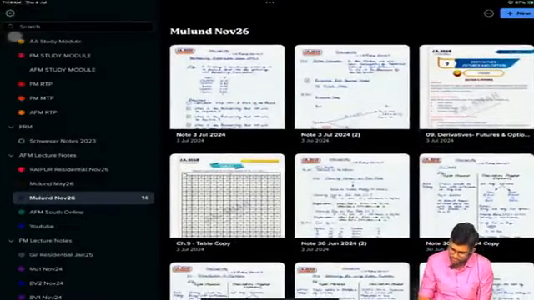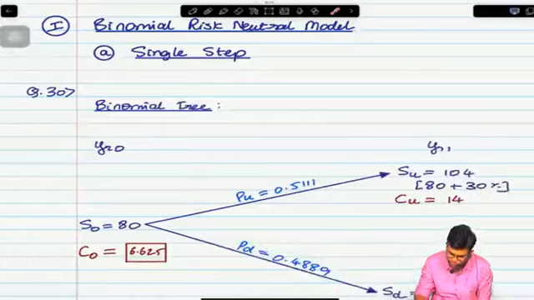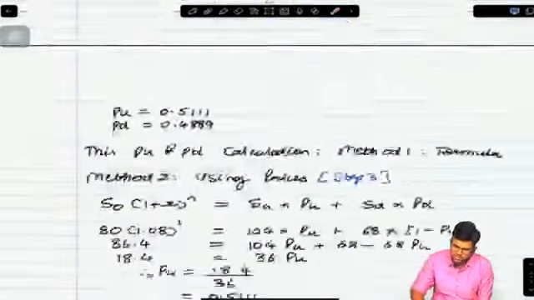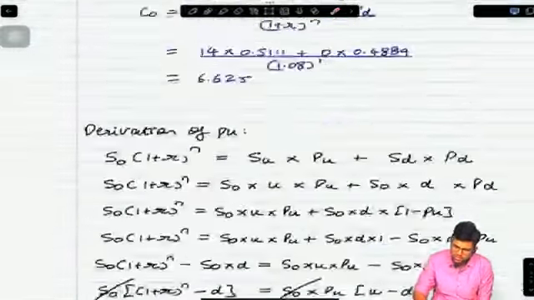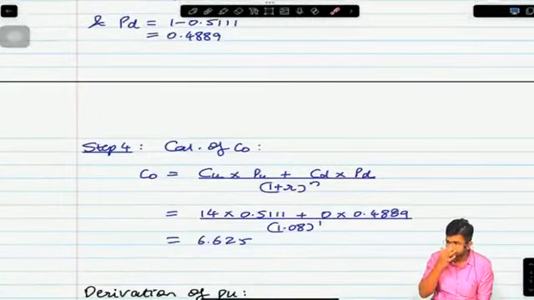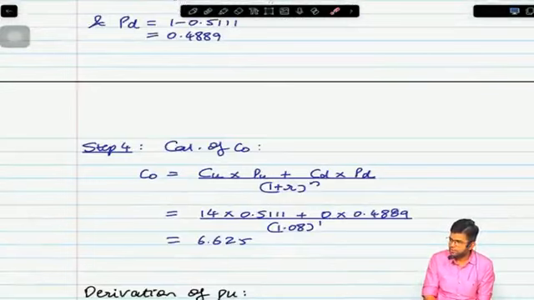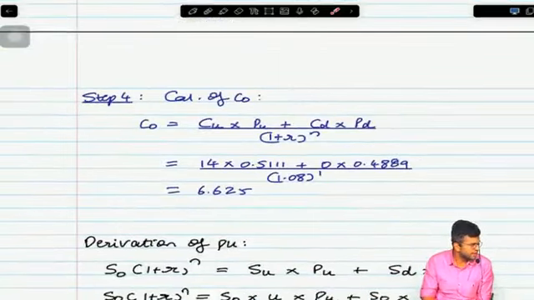I think single step I taught you yesterday. Were you able to finish your notes on binomial tree at least? This 6.625 is there in your notebook.